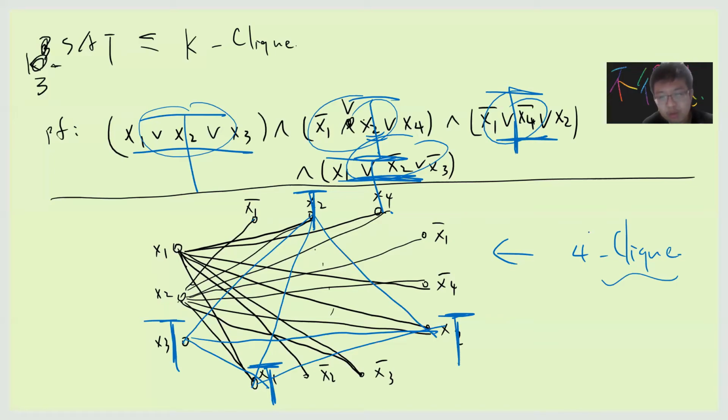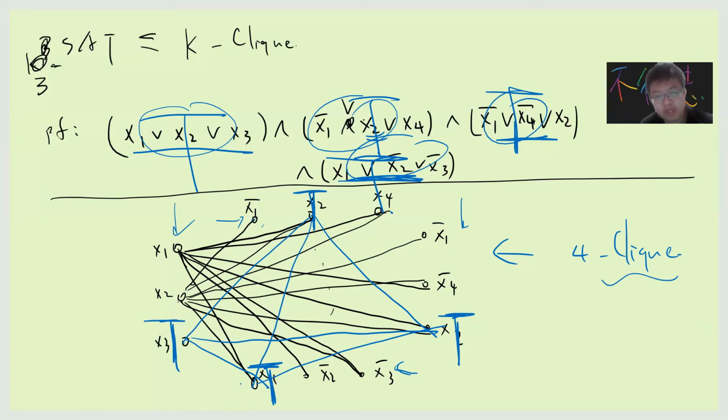The idea is that you ask if there is a fork link, which means you can find an assignment for each clause such that there is no contradiction. Because if there were a contradiction, x1 would contain x1 bar. So if you can find a clique with no contradiction, you make every clause satisfiable.